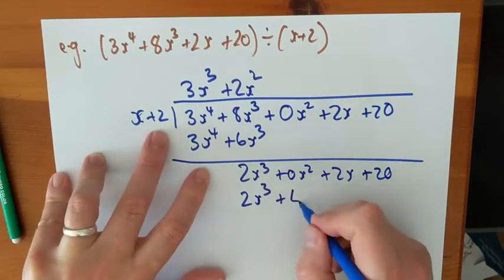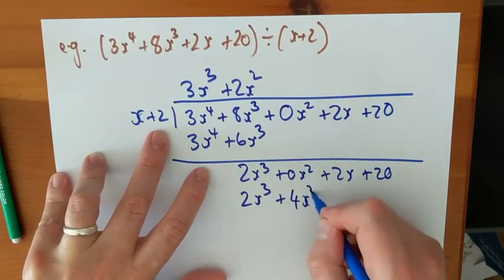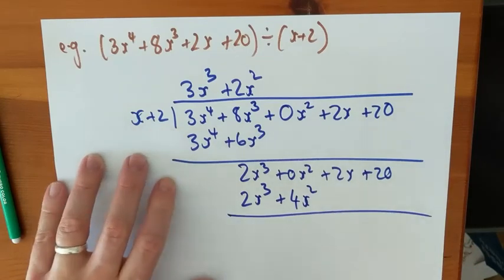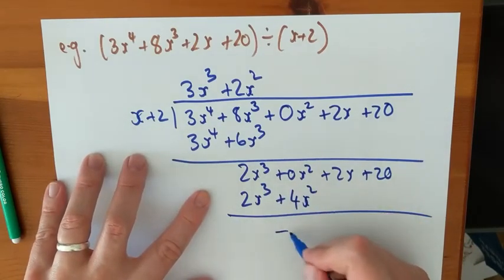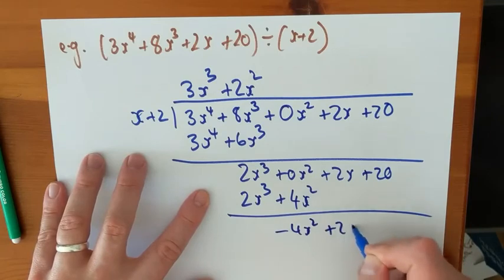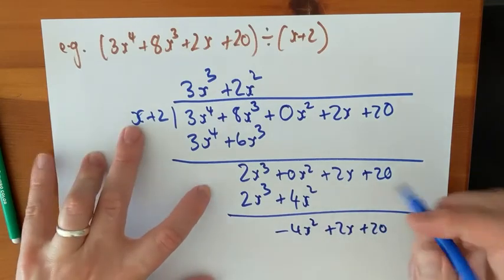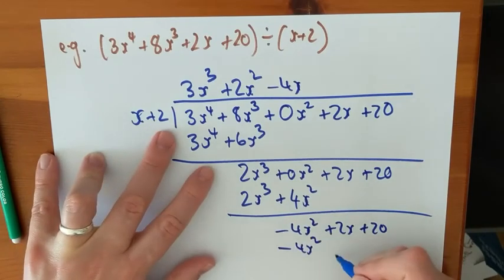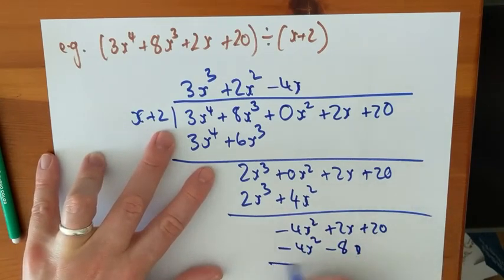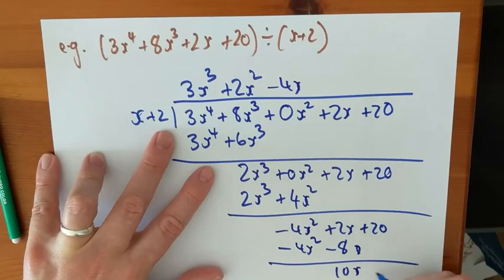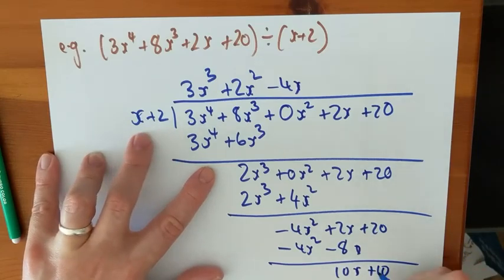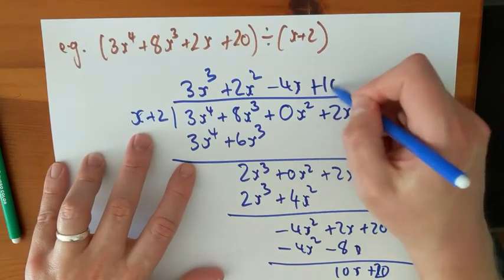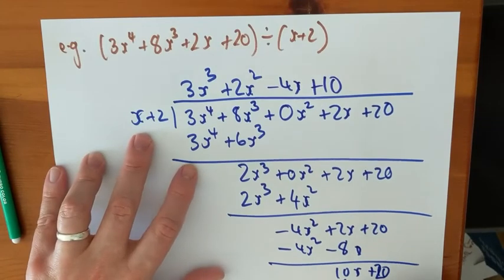And this is where the 0x squared is important, because I need to subtract something away from it. So that disappears, minus 4x squared. Then minus 4x plus 10. There we go. And that fits in perfectly.